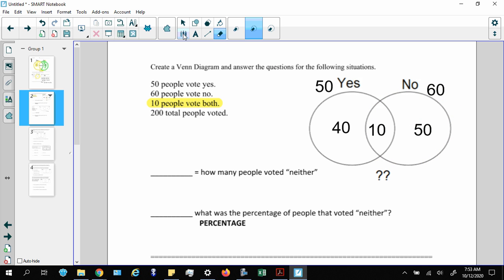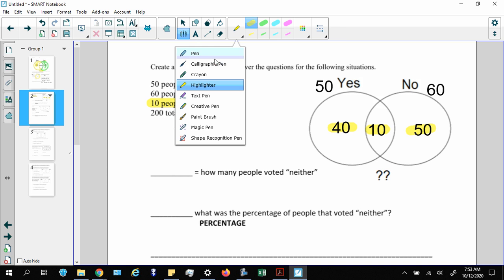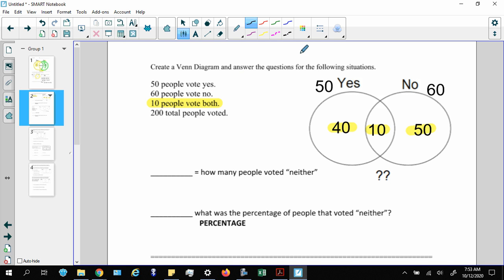Now, guys, once you've figured out all this stuff right here, this 50 and 60 might be confusing. Technically, you don't need them anymore. You only need them to figure out these three numbers. Now, once you get to this point, it says 200 people voted.